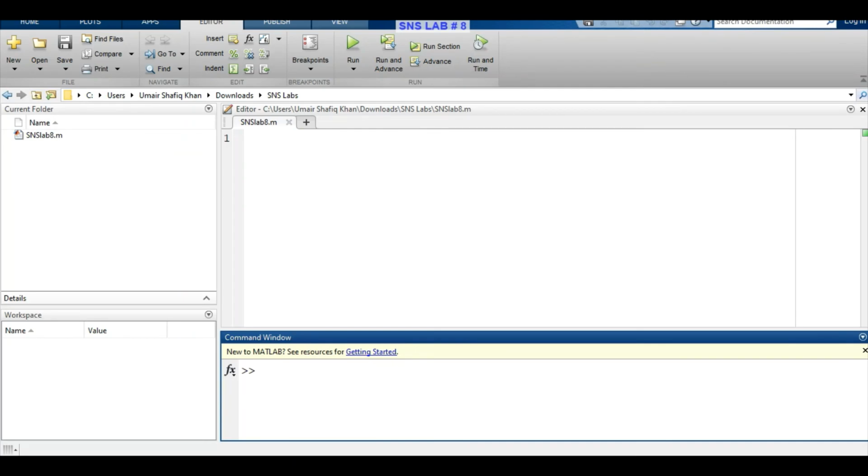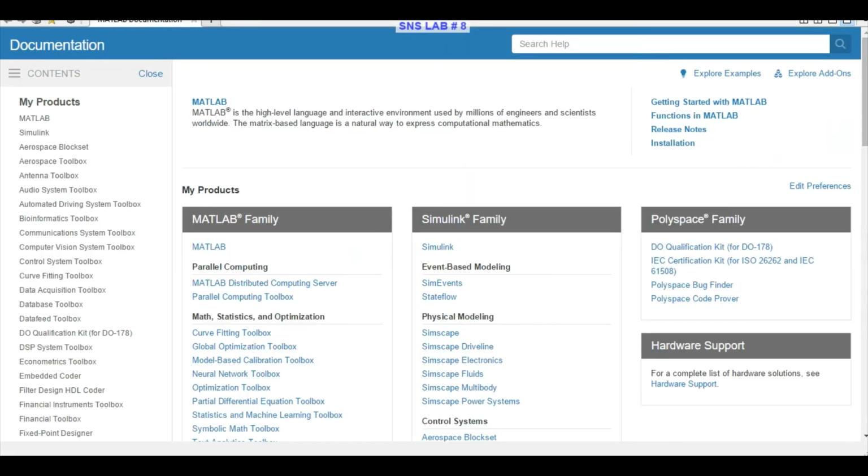To open the MATLAB documentation, we can just type doc, and then in search we can search for any function, as we have discussed two built-in functions fourier and ifourier.